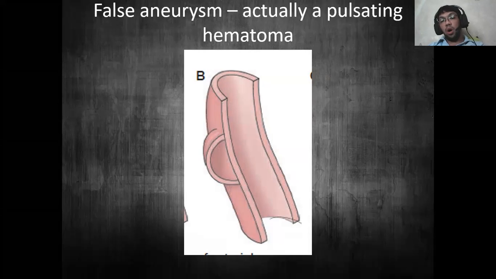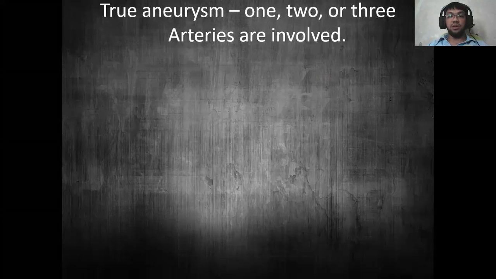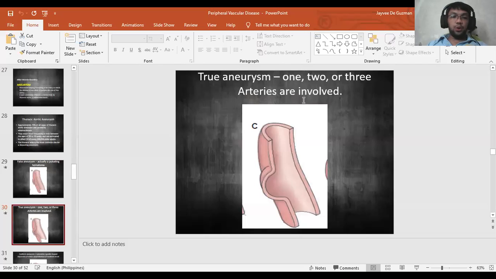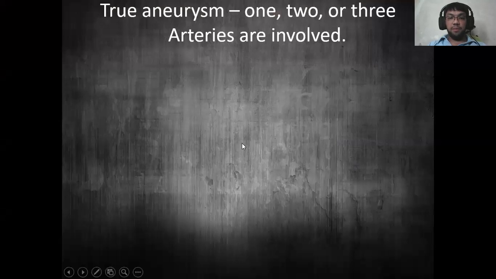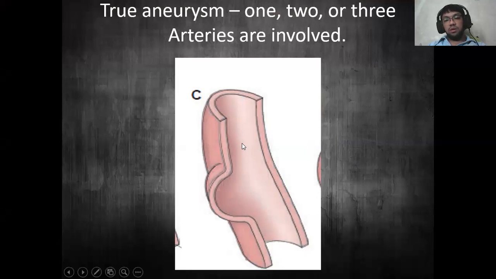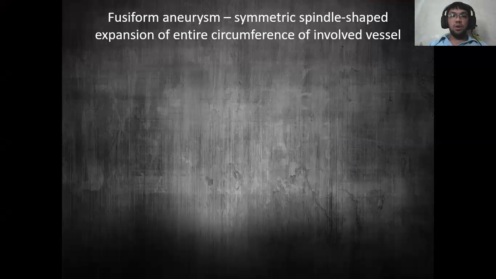The medial wall is still intact in this false aneurysm. But for true aneurysm, unlike that of the false one, the medial wall together with the intima has already bulged.